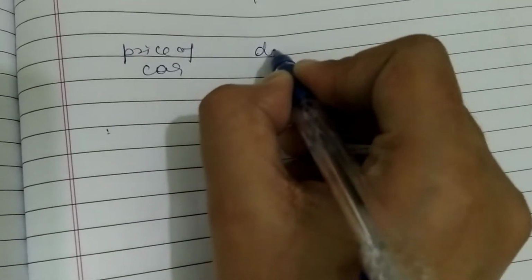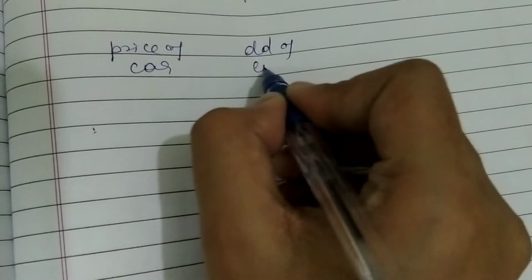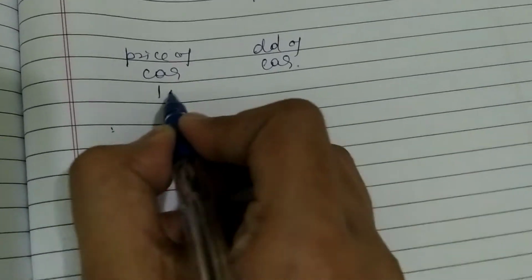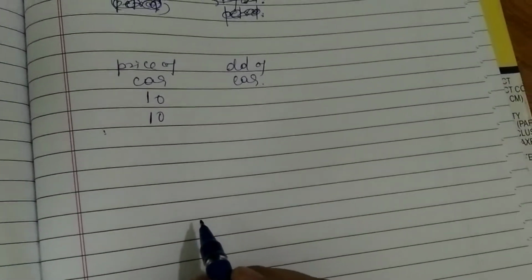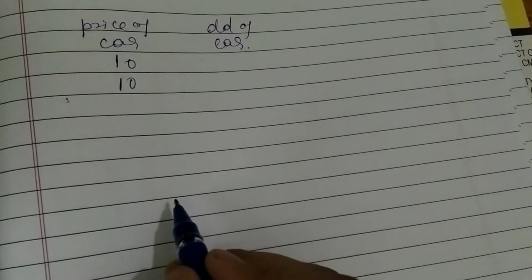So under this, I am taking one example. Suppose price of car and demand of car. There is no change in commodity's own price, that is the price of car. Price of car is constant here.